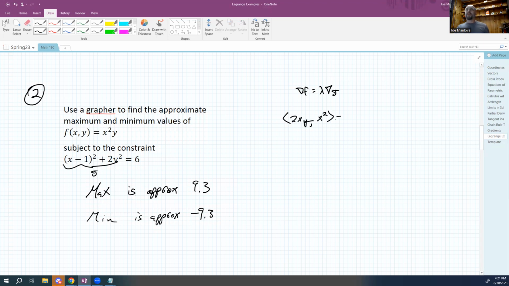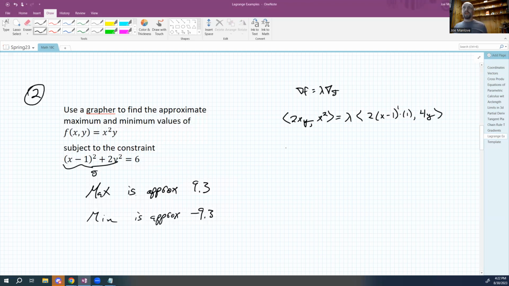And the gradient for the constraint is going to be, oh God, chain rule. Promise it's not actually bad. It's going to be 2 times x minus 1 to the power of 1 times 1. So that's all redundant. Comma 4y.